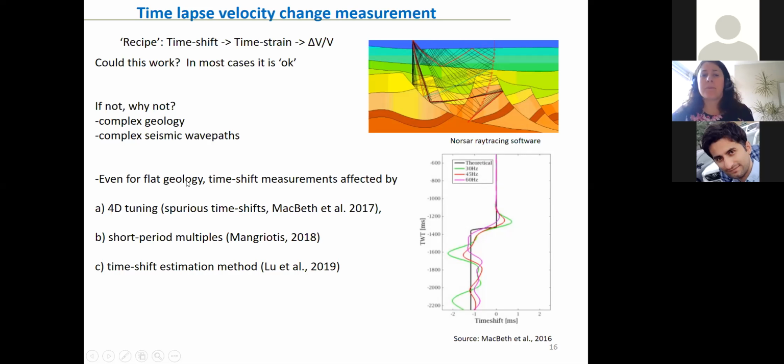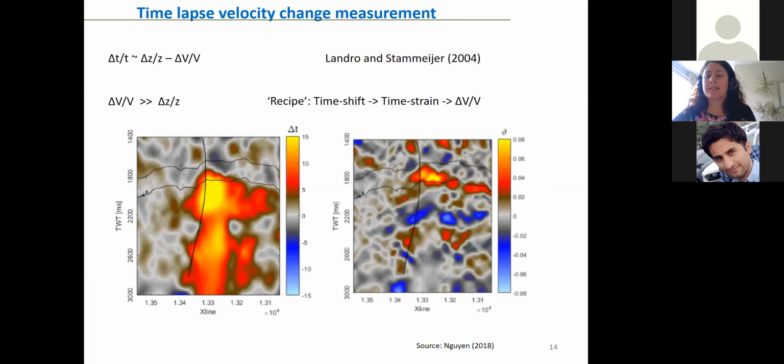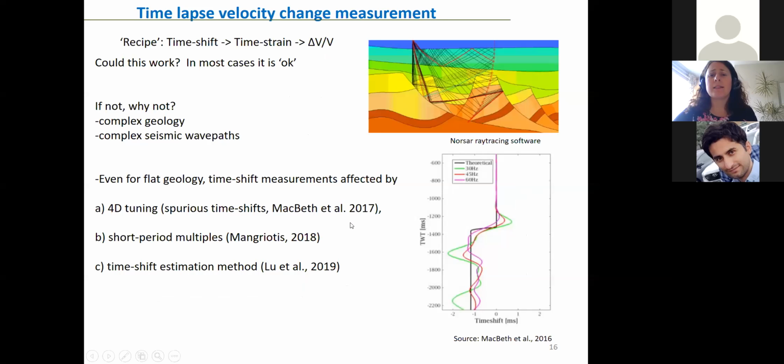And finally, just to say that even if you had perfectly flat geology, if you could create a zero offset study where you could put your sources and your receivers in exactly the same spot, your time shift measurements could still have a funny behavior. By funny, I mean not observing this very nice theoretical expected behavior. And you have all these effects happening.